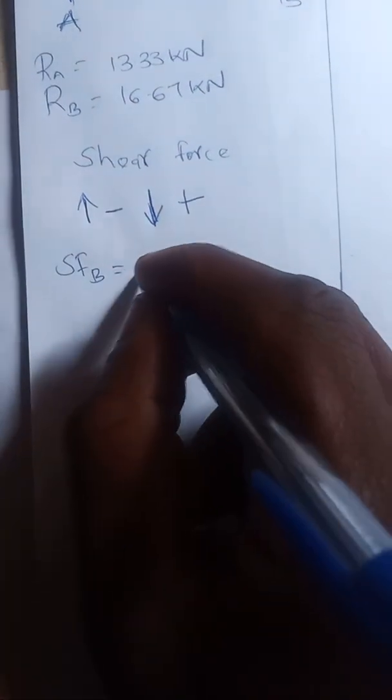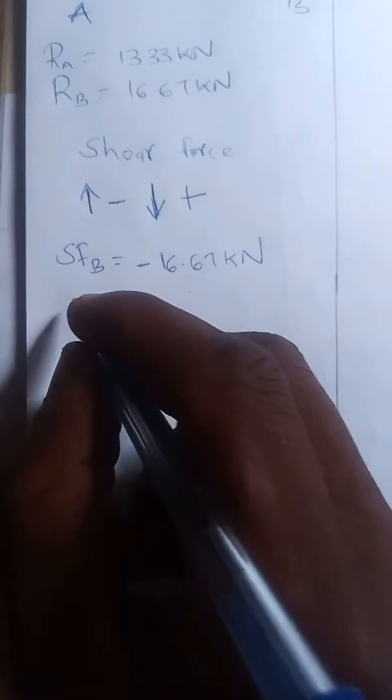So we start with shear force at B. At B it is an upward force, so it will be negative 16.67 kilonewton. And then you have shear force at D.